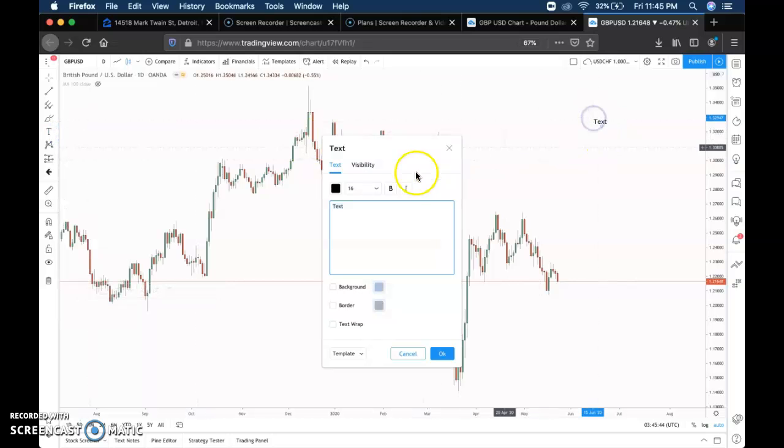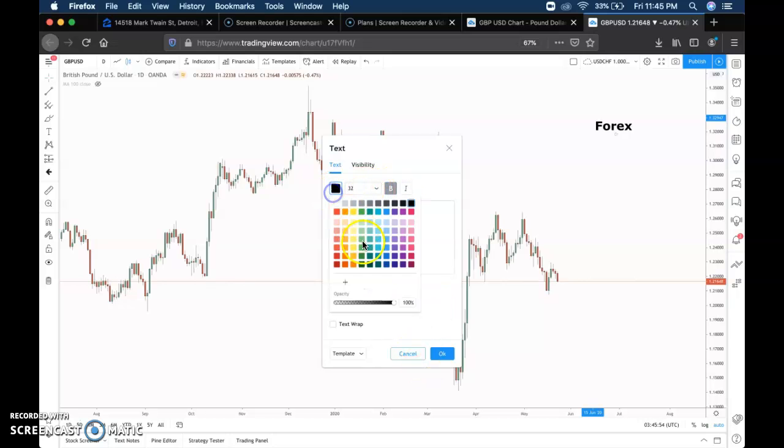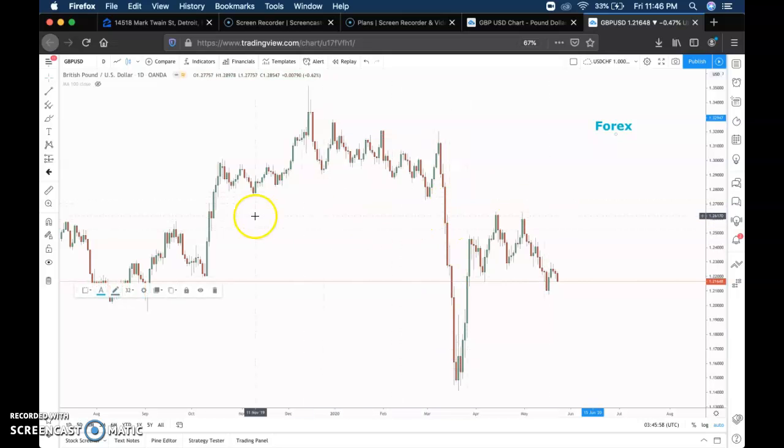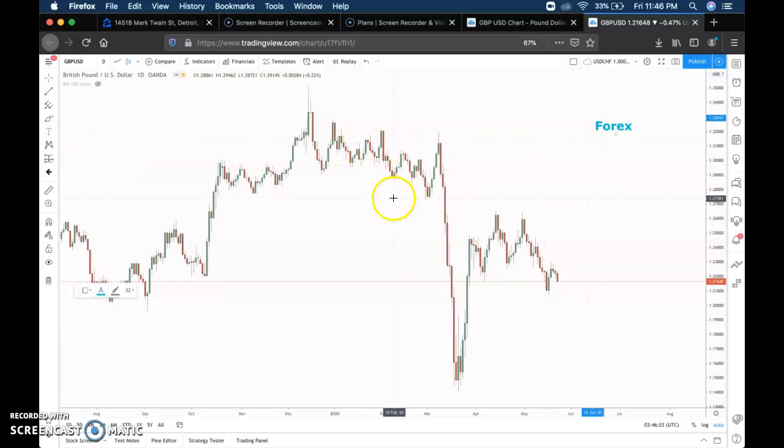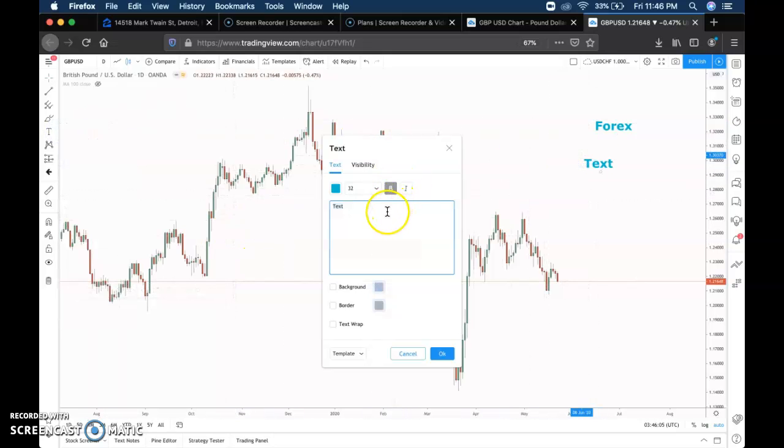So what do we have? Forex. It says short for foreign exchange.